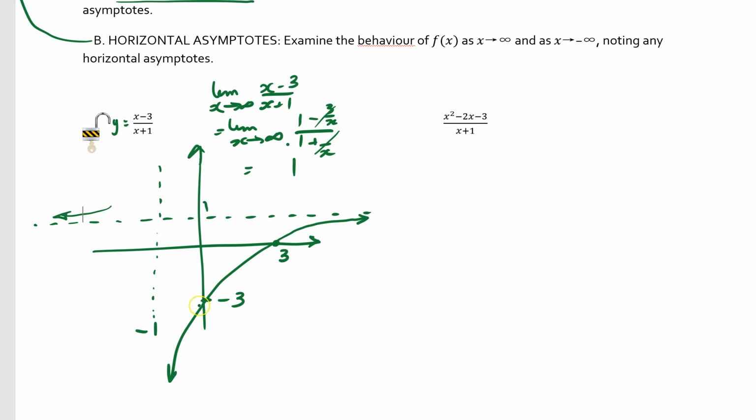So we'll end up with a big negative value, so that's why we shoot on down towards minus infinity. And likewise, when we are at -1.0001, our bottom is going to be a negative, our top will be a negative, but the bottom is tiny, so we're going to shoot off towards plus infinity that way.